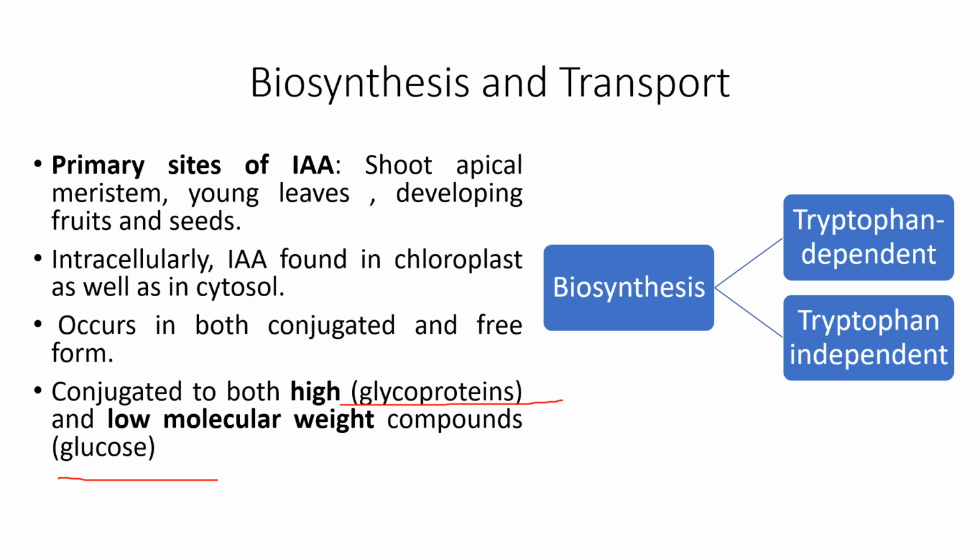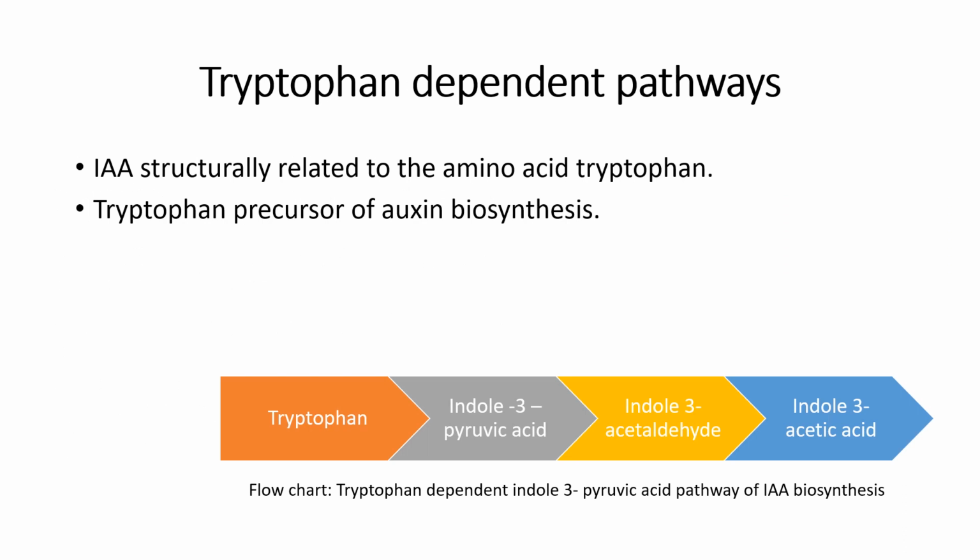Basically, we have shown that there are two pathways for the synthesis of IAA, that is the tryptophan independent pathway and the tryptophan dependent pathway. We will discuss both these pathways in the next slide in detail. Tryptophan dependent pathway: IAA is structurally related to the amino acid tryptophan, which is structurally very similar to IAA.